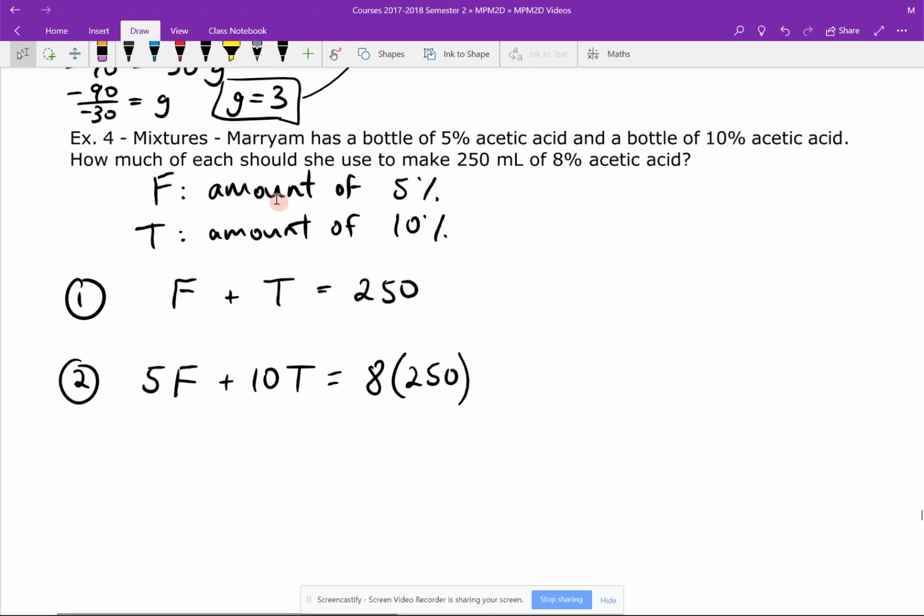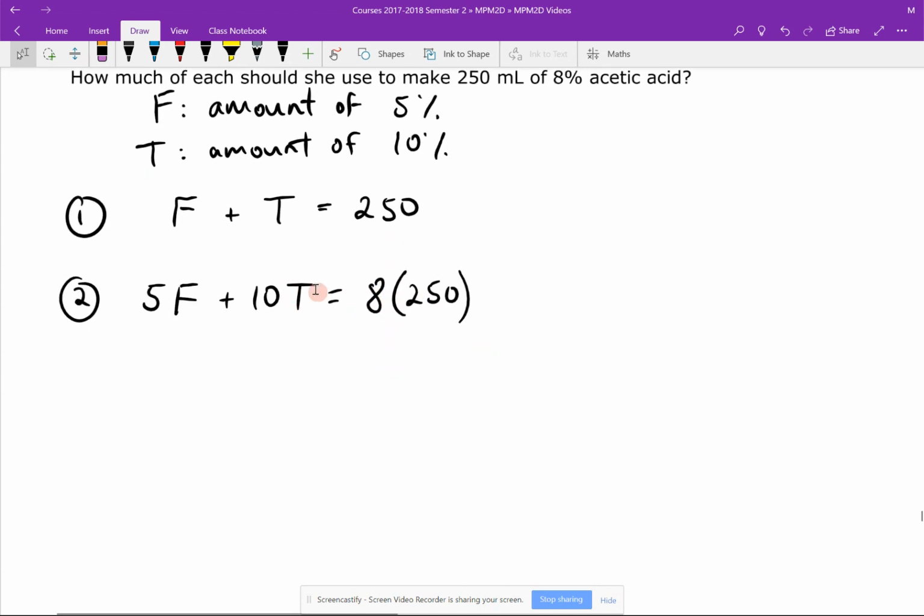It could be 100 milliliters, it could be 150 milliliters, or whatever the amount. Combined with 10% of the amount in the T bottle, it has to total 250, but that 250 has to be 8%. You can't have 9% of 250 or 7% of 250, it has to be exactly 8. So here's the equation we have to solve.